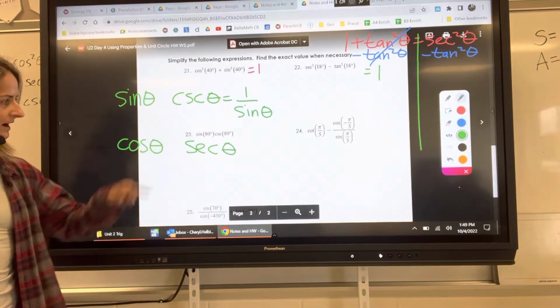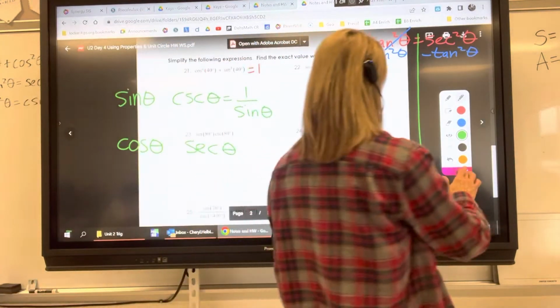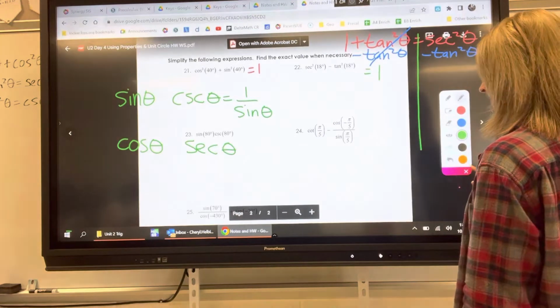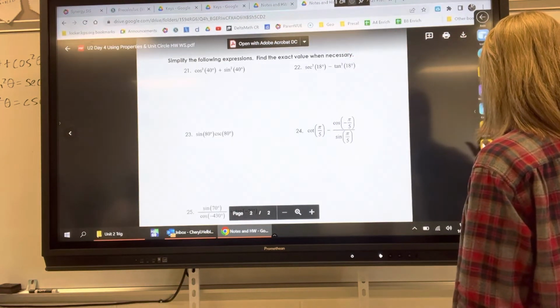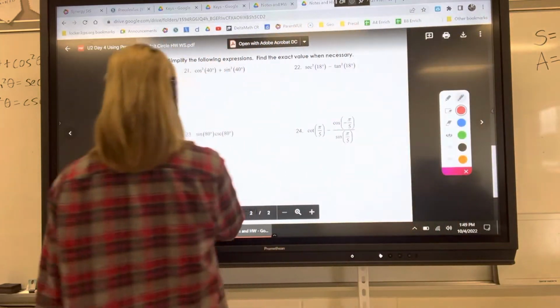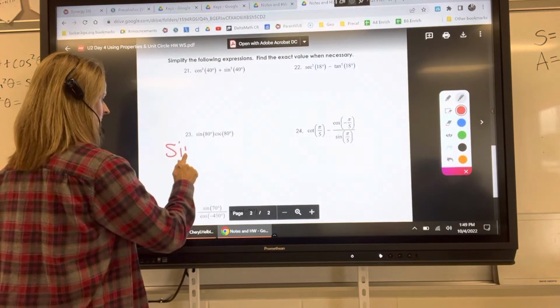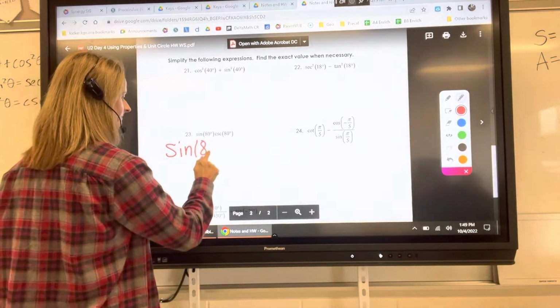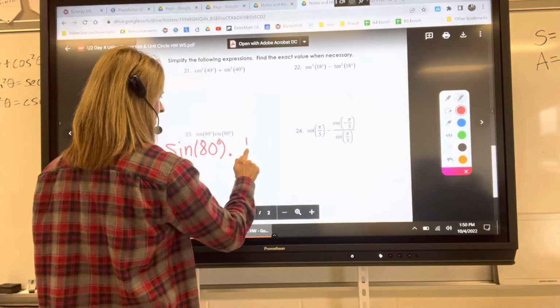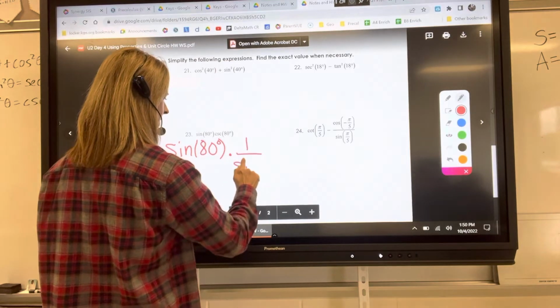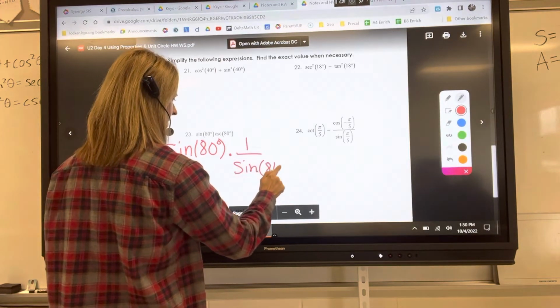So I'm going to rewrite this one here. I'm just going to erase all this. There we go. And notice they're the same, we've got the same theta here, so we are good to go. Well, looky there.